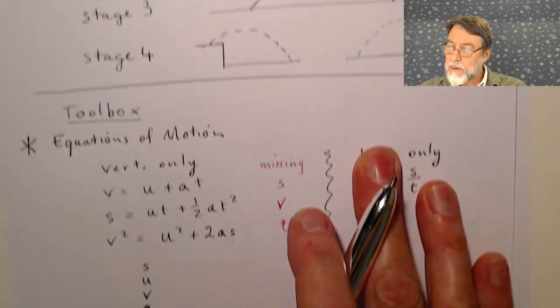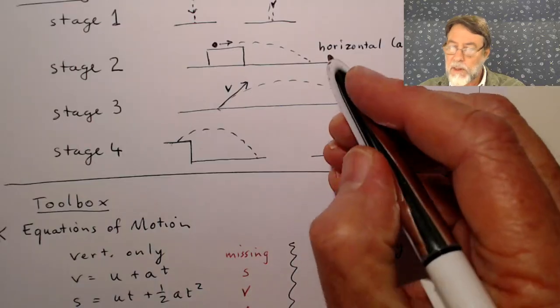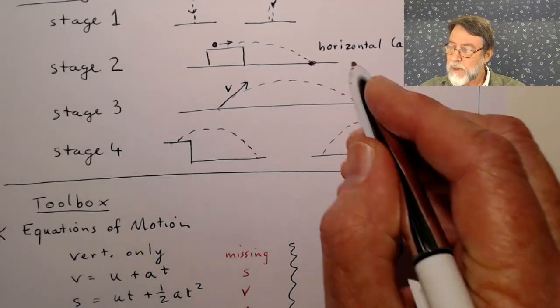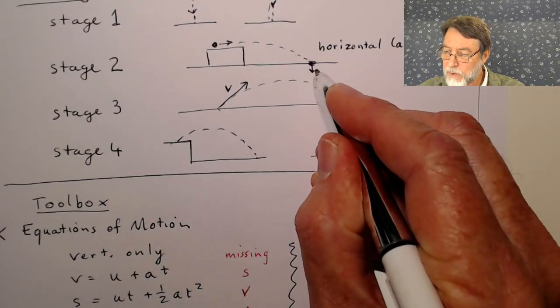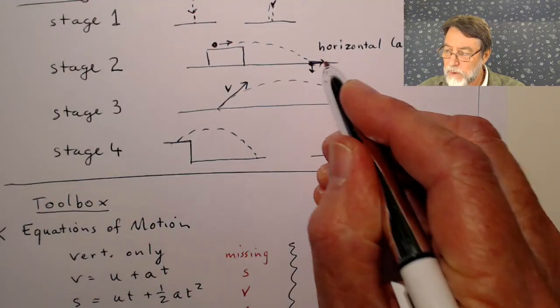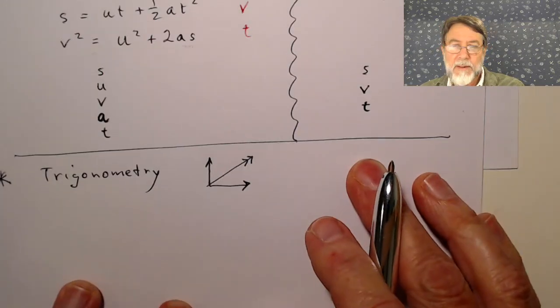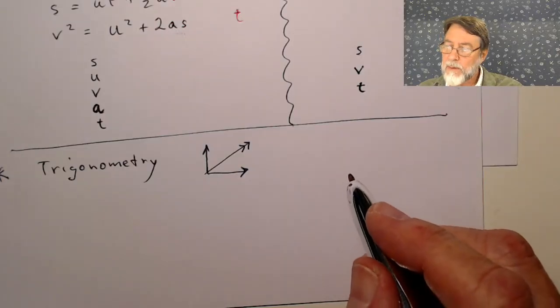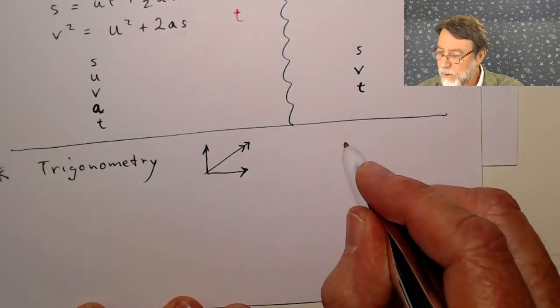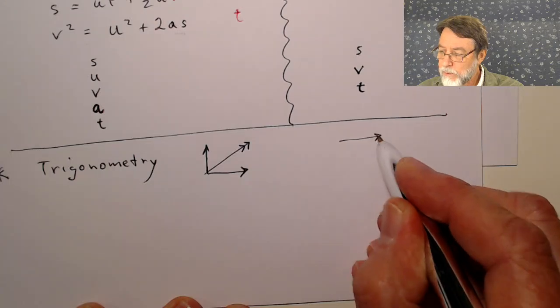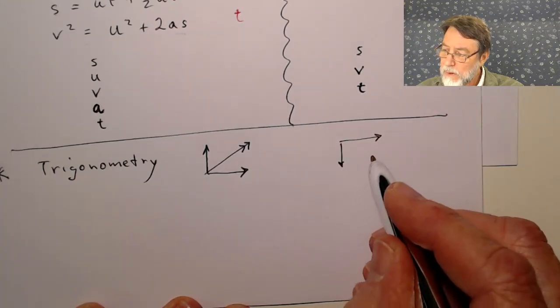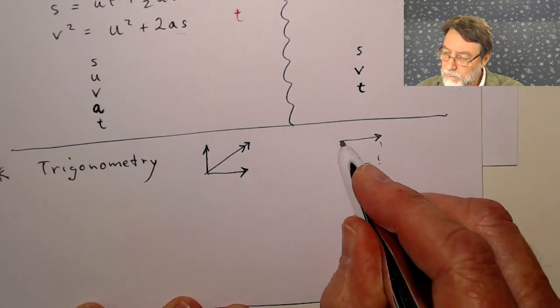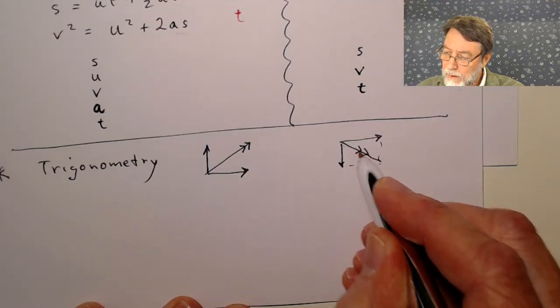In other situations, you might be asked, what's the final velocity? And you'll calculate final vertical, you'll know the horizontal velocity. So in that case, you're adding vectors to figure out the final velocity. So it looks something like this. Horizontal's that much, vertical's that much. Add them together and get an answer.